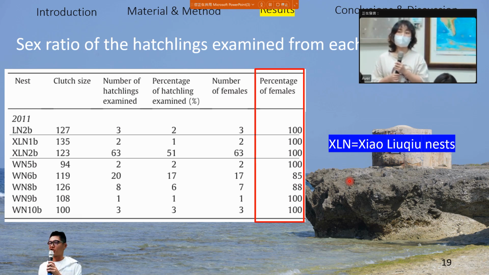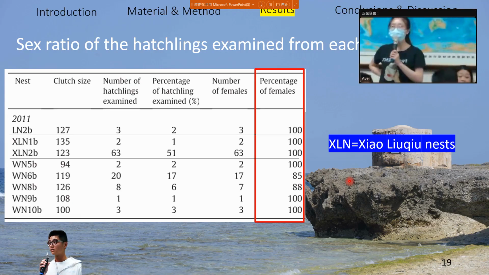When they break out of the shell, if the temperature is too hot or too cold, all of them will be male or female, unless the temperature is about 29 Celsius degrees. So I think temperature is the only factor that will influence their sex. Okay, thank you.